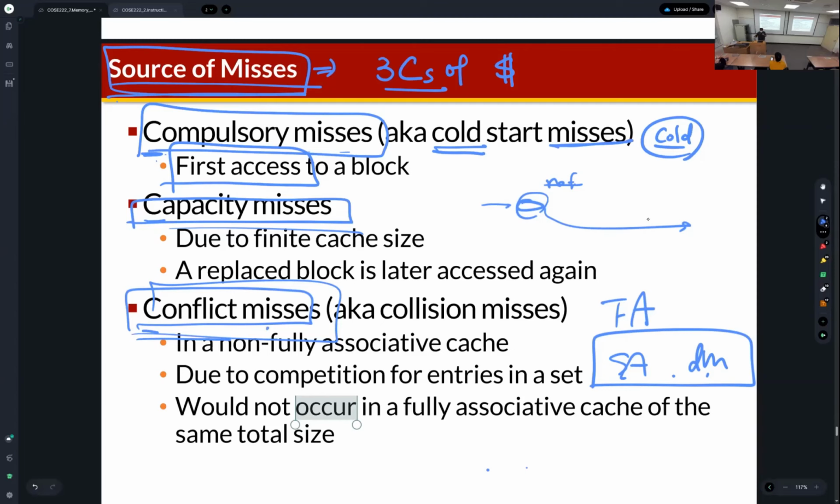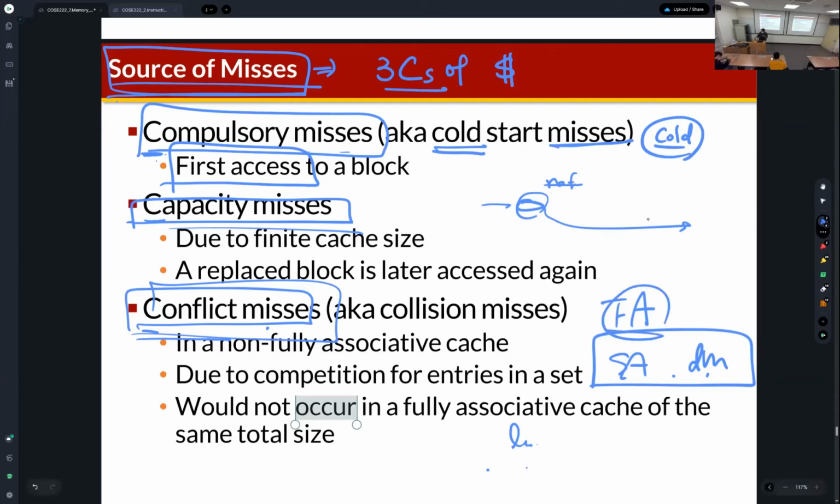Conflict misses are caused by lack of associativity, which means lower associativity of the cache. I said the fully associative cache is very expensive, so most processors do not use a fully associative cache.